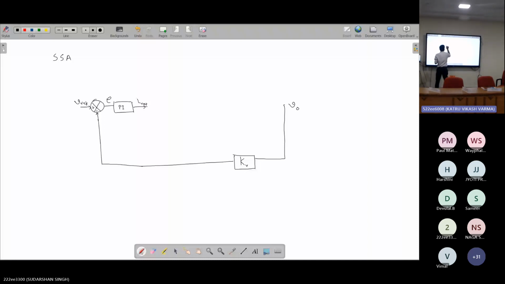Now this IREF I'm comparing with the actual inductor current. And then this error is passing through the PI controller. And then we are using some modulation technique.